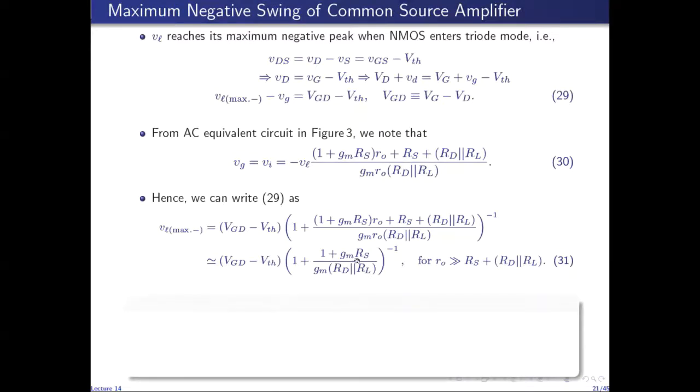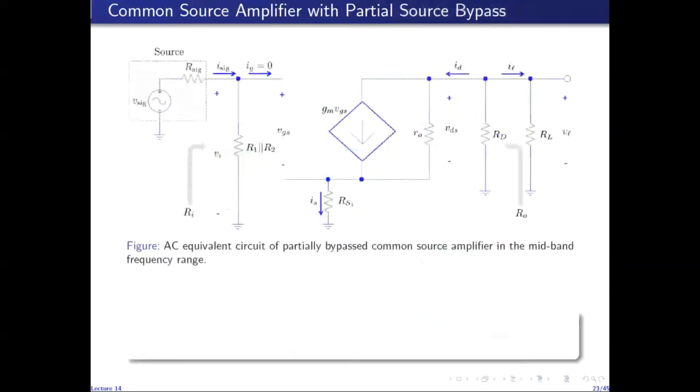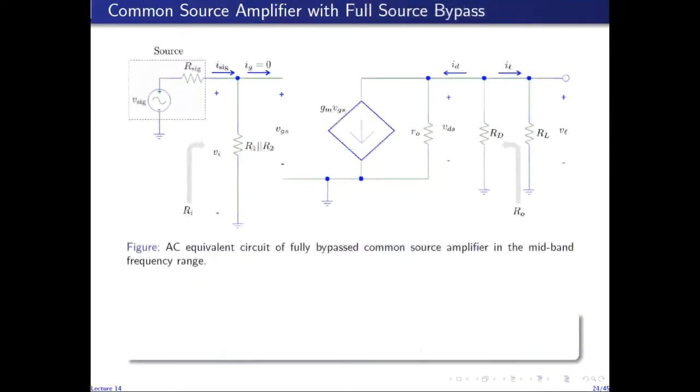amplifier. And if you replace this RS with 0, because this RS is now the RS in the AC equivalent circuit, and for the fully bypassed circuit the source resistance in the AC equivalent circuit is 0, then you will obtain the corresponding maximum negative swing for the common source amplifier with full source bypass.